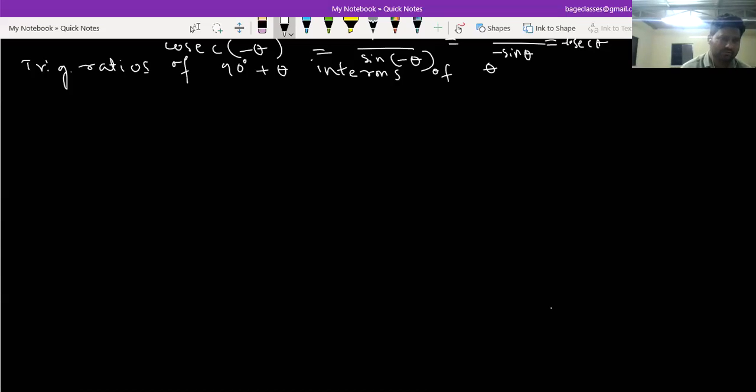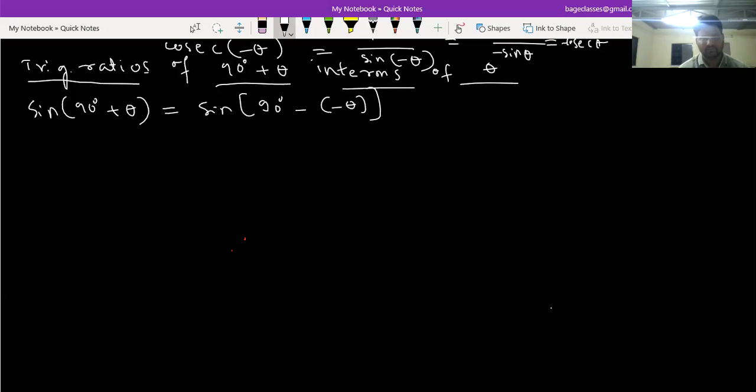We can prove this. We can find the trigonometric ratios of 90 plus theta in terms of theta by using the above two results. So already we have the trigonometric ratios or functions of minus theta and 90 minus theta. So using this, we can find the trigonometric ratios of 90 plus theta.